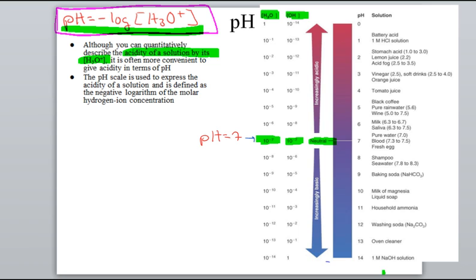A good example of something that's neutral is pure water. When you have pure water, the hydroxide ion and the hydronium ion concentrations are equal. When the hydroxide and hydronium ion concentrations do not equal each other, the solutions are either acidic or basic. When the hydronium ion concentration is greater than the hydroxide ion concentration, that solution is considered acidic.